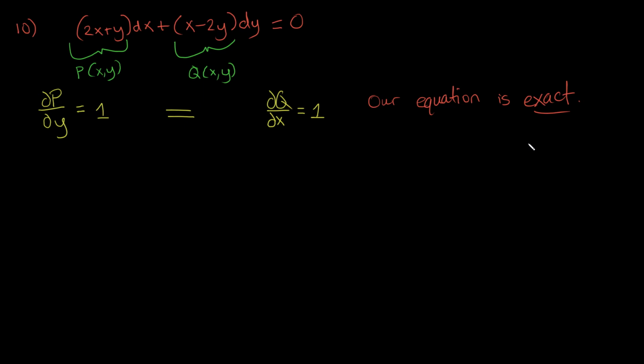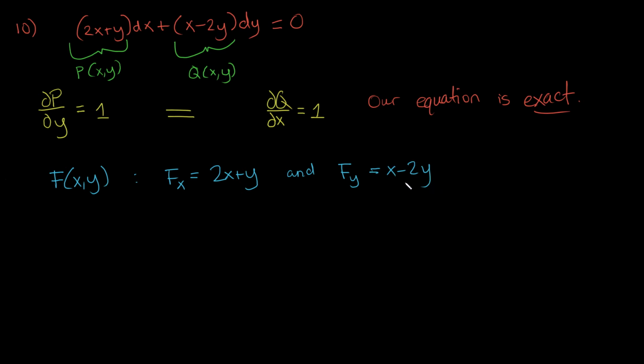Because we know that our equation is exact, there must be some function f(x,y) which has the following properties: the partial of f with respect to x is 2x + y, and the partial of f with respect to y equals x - 2y.